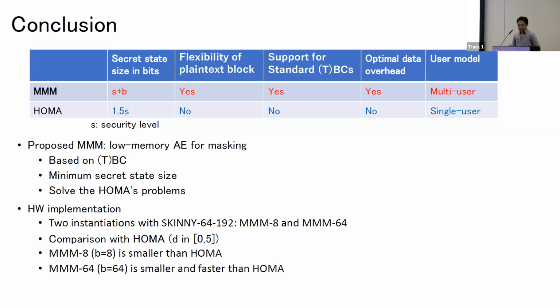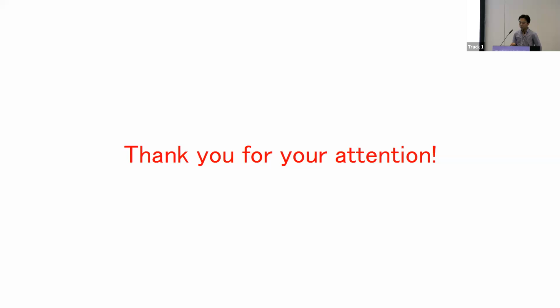And for hardware performance, we consider two instantiations, and we use the Skinny block cipher as the underlying primitive. And we make a comparison with HOMA, and as a result, M8 is smaller than HOMA, and M64 is smaller and faster than HOMA. Okay, that's all. Thank you very much.